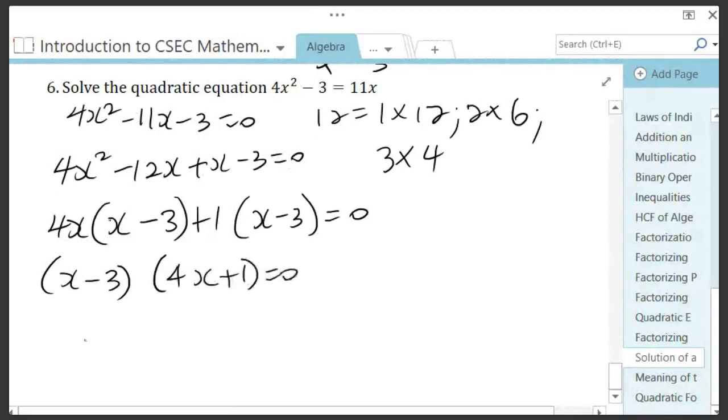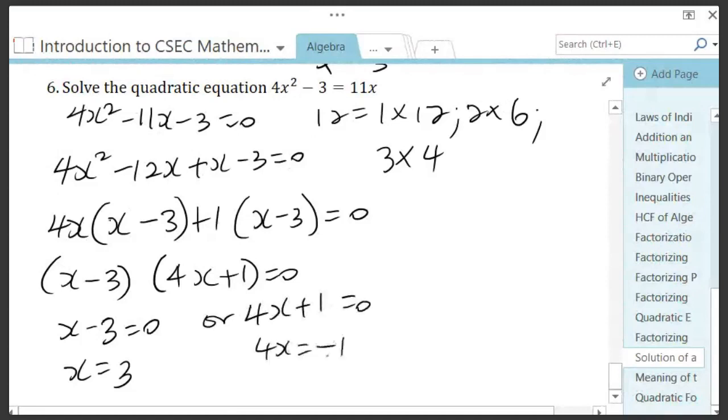So let's solve here. All right, let me not run ahead here. x minus 3 is equal to 0, x is equal to 3, or 4x plus 1 is equal to 0, 4x is equal to minus 1.